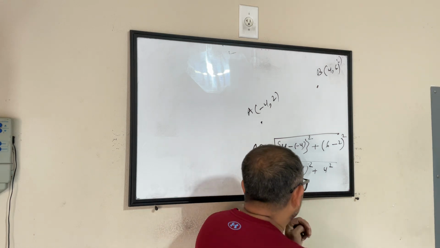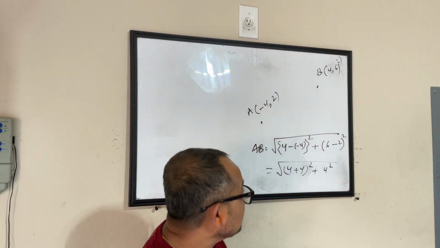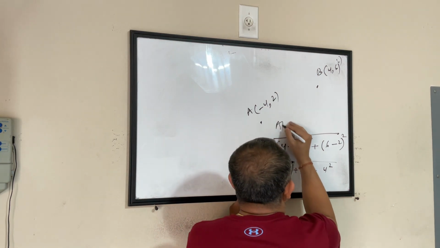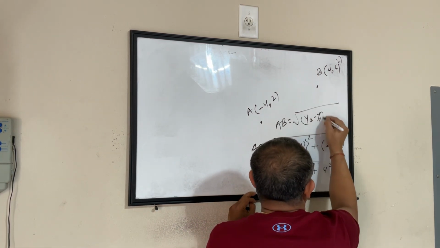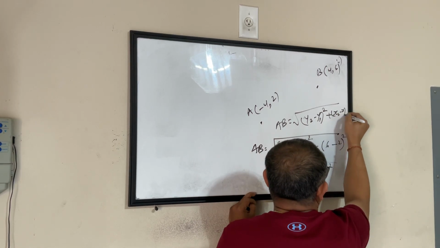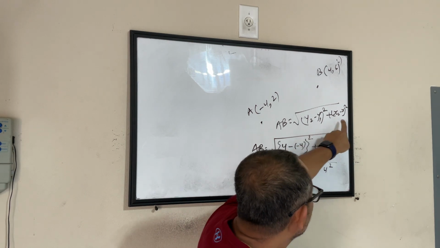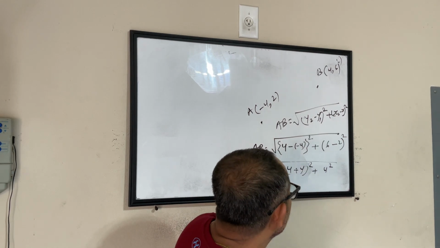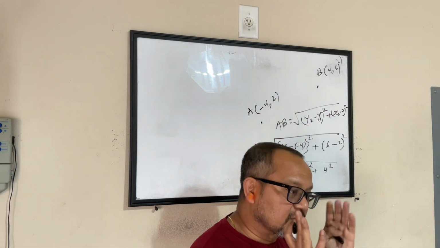Let's not worry about that part. What I want you guys to understand is, the distance formula says that the length is the square root of (y2 minus y1) squared plus (x2 minus x1) squared, meaning second point minus first point, x coordinate, y coordinate, difference. Whether it's y2 minus y1 squared or y1 minus y2 squared, both are the same.